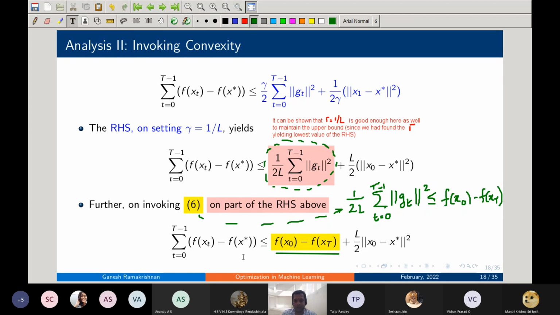A little bit more work is required to get there. Okay, I'm repeating my question. How to go from here to the convergence?